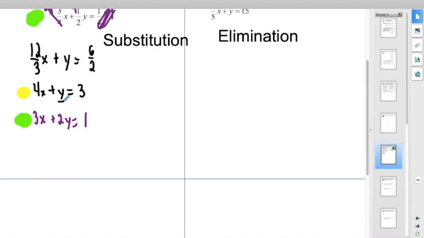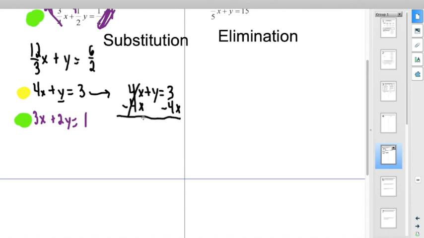So 4x plus y equals 3. Again, I'm trying to get y by itself, so let's subtract 4x from both sides.